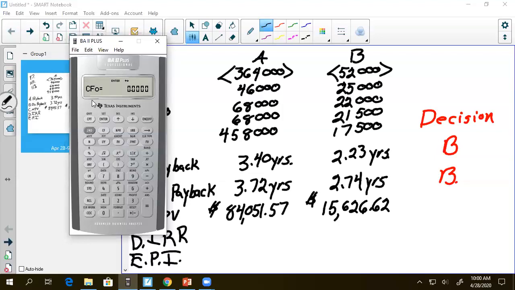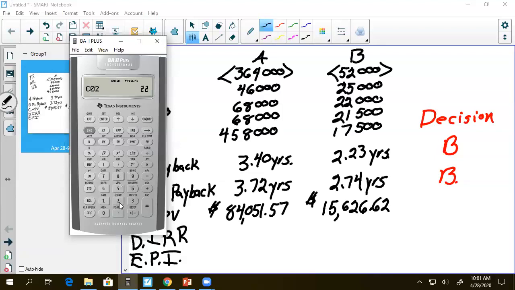Okay. So Ty, what's our initial cash flow? 52,000. 52,000, right? And that's negative, right? Cash flow 1, 25,000. Okay. That happens one time.